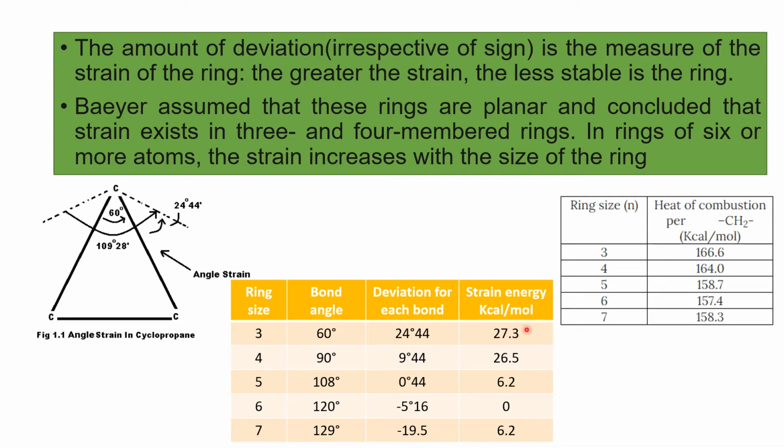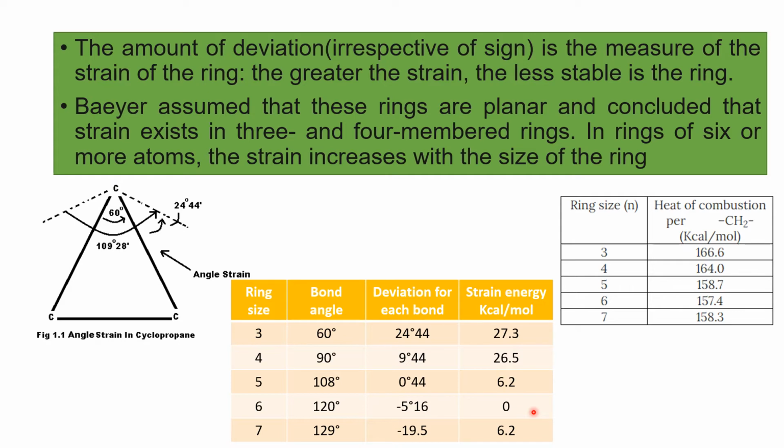Correspondingly, he also assumed that the greater the strain, the more unstable the molecule will be, and it will have strain energy. But surprisingly, in this list, you can see that though the deviation is more than cyclopentane, cyclohexane has a strain energy of 0.